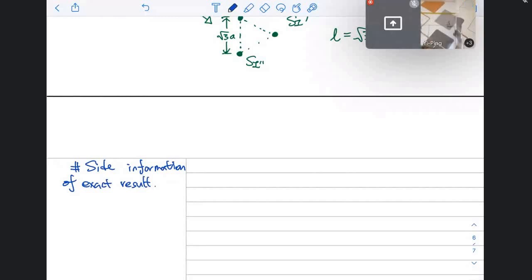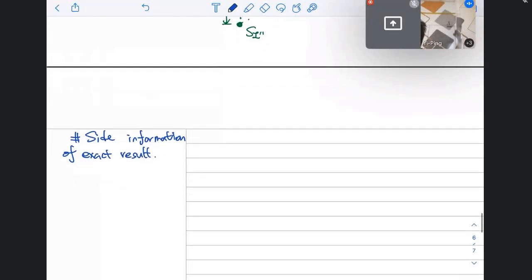Here I'm not going to show you the exact solution for the 2D Ising model. All you need to know is that the exact result is obtained by Onsager.